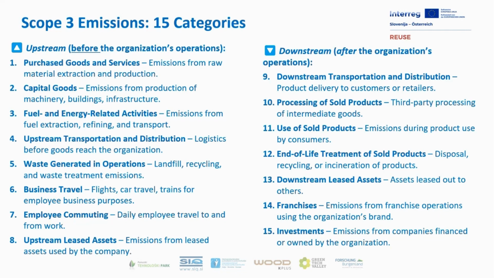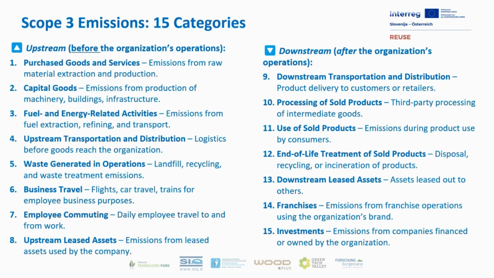The categories are grouped into two main areas. The first is upstream emissions, which happen before the organization's operations, and the second is downstream emissions, which occur after the product or service leaves the organization.